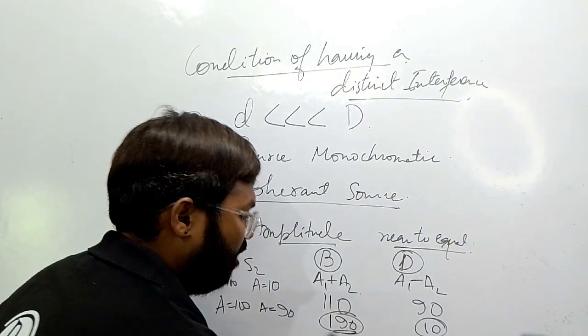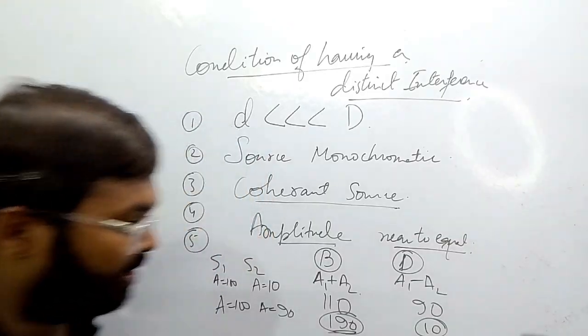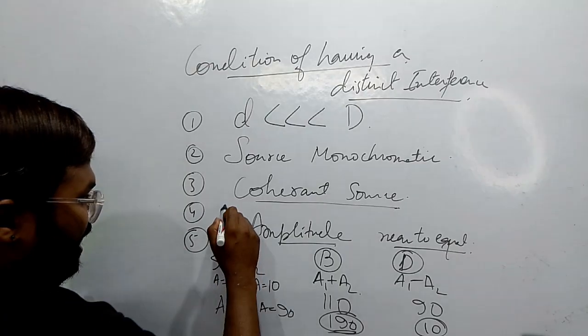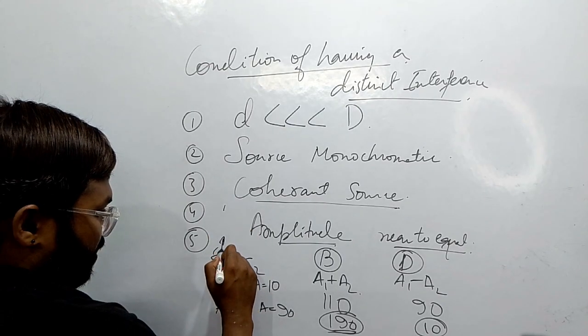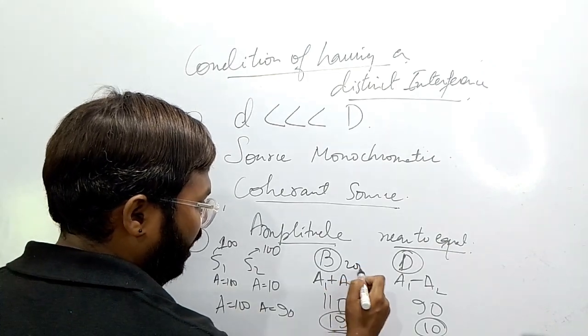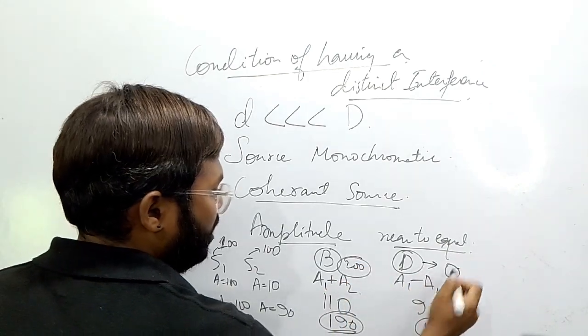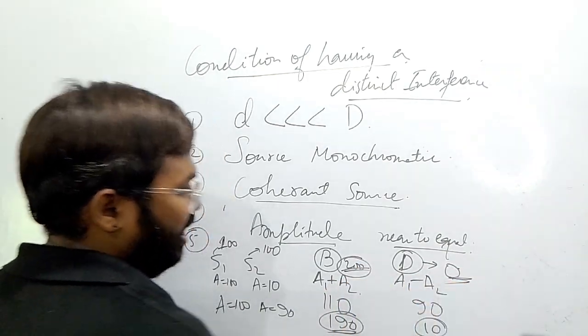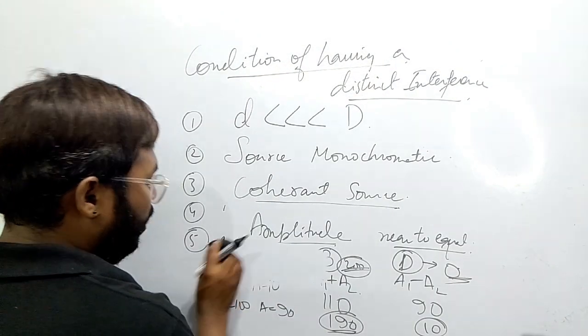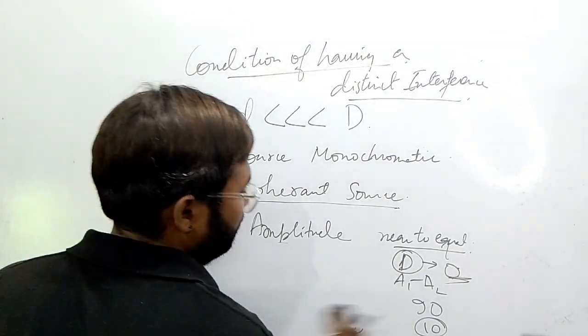That means this is completely bright and this is completely dark. Okay, I'll write above. Suppose the amplitude of source 1 is 100, and here also 100. This is equal. So here you will have 200, and here you will have 0. See here, completely bright and completely dark. Got it now? So the amplitude should be equal or nearer to equal.